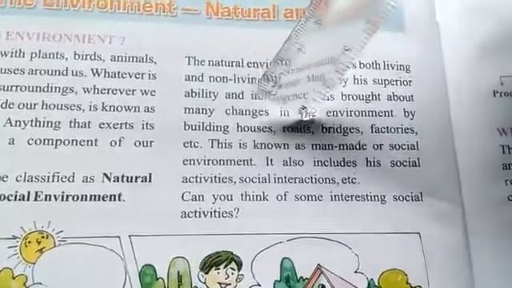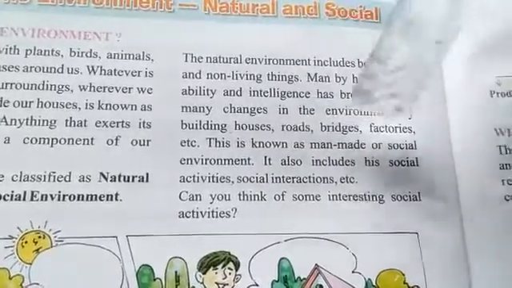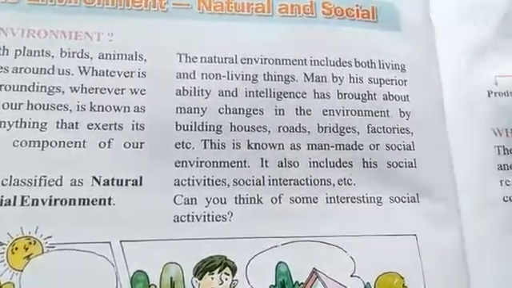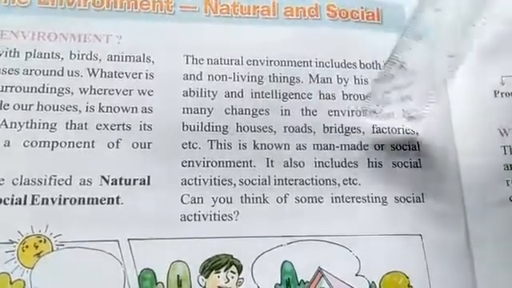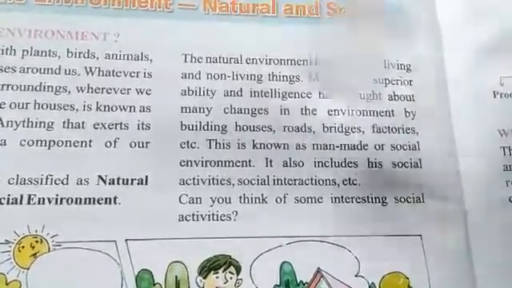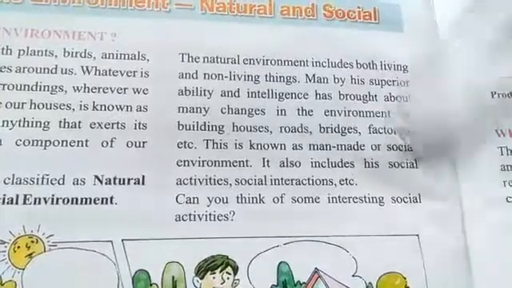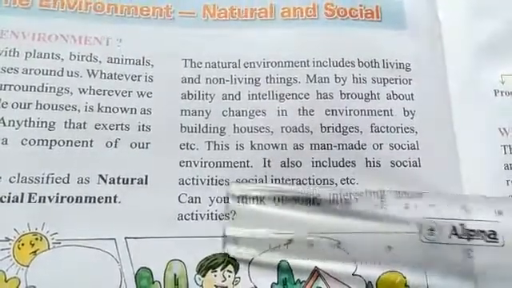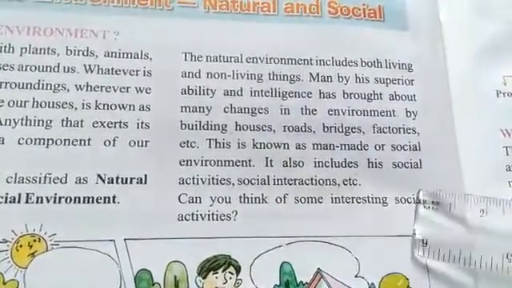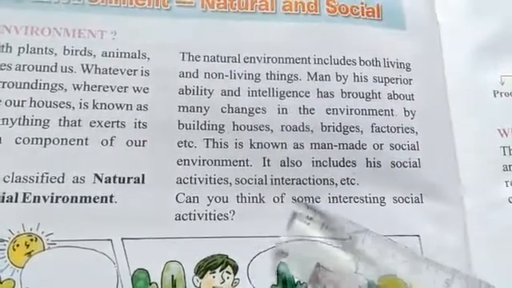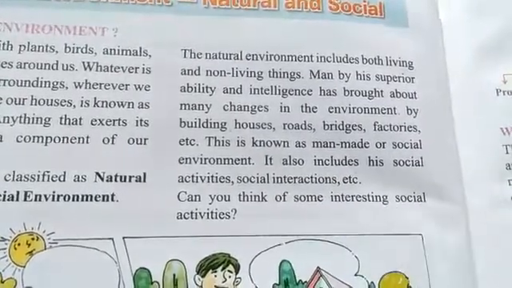So these things, houses, roads, bridges, factories, are known as what? These are known as man-made or social environment. It also includes his social activities, social interaction, etc.